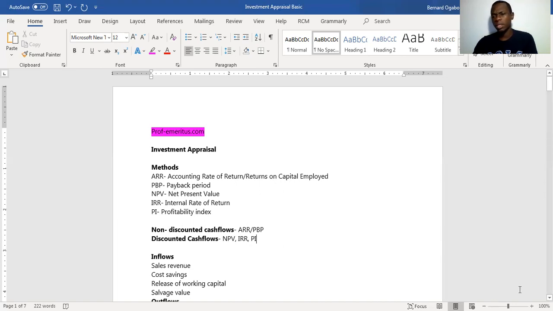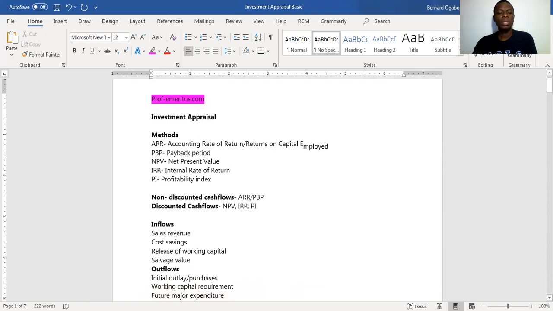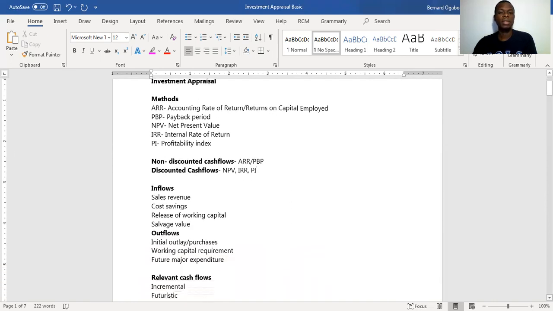But in an investment, two things are happening. The initial outlay, that is the cash you are putting in the business, which is cash outflow, and what you expect to generate from the business, which is cash inflow.